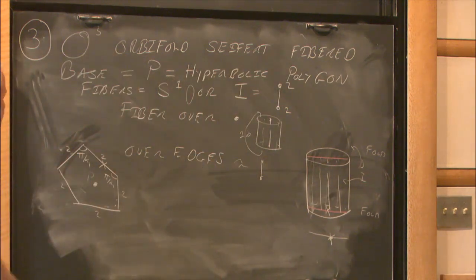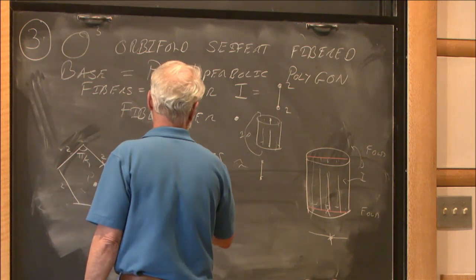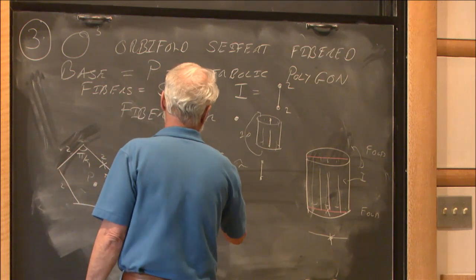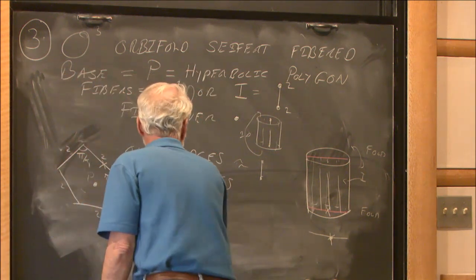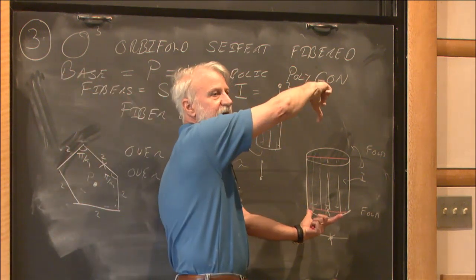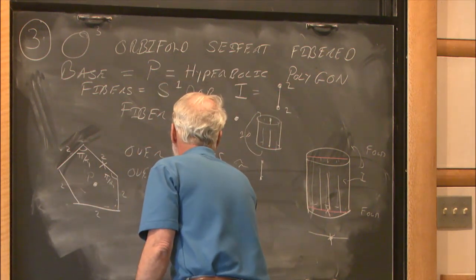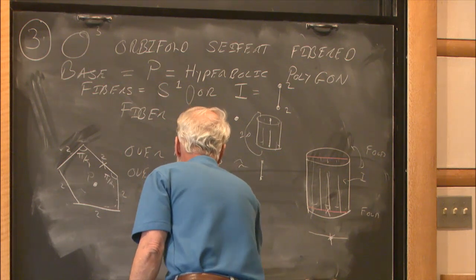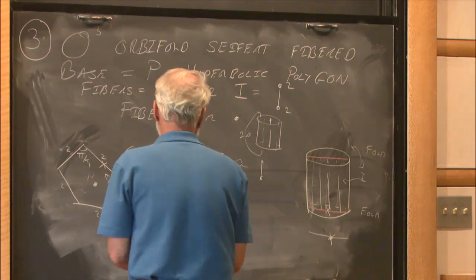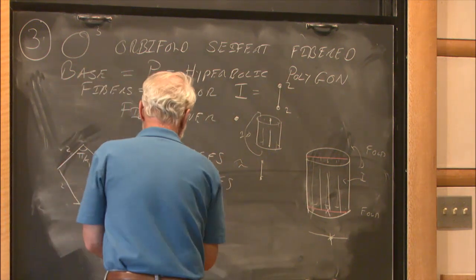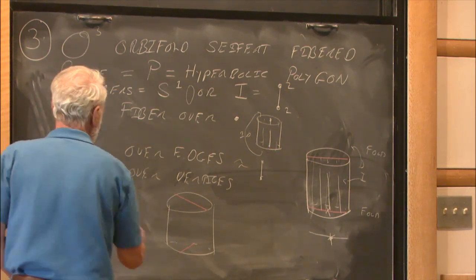And then finally, over the vertices, it's a similar picture, but these two lines are now rotated to each other at some rational angle, a rational multiple of pi. So over here, what am I left with? Say a square there.